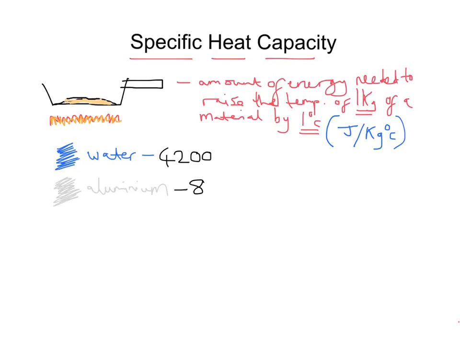Aluminium's specific heat capacity is about 880. Cooking oil, so the one I used in my example, the specific heat capacity of that is about 1,200. So you can see you've got these three different values.